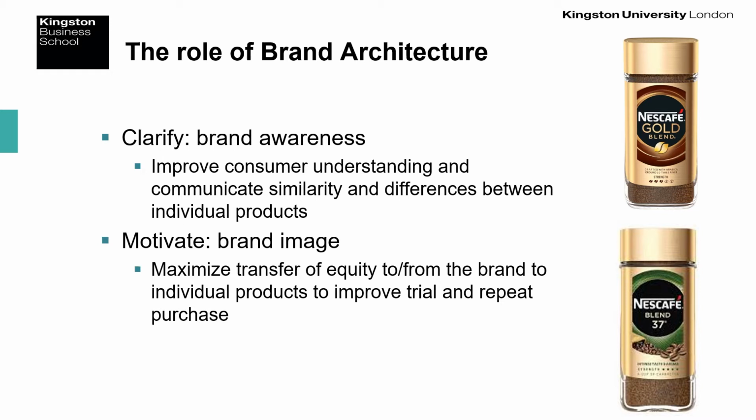So if you are a Gold Blend customer, if you're used to buying Gold Blend and you see Blend 37 and you're looking for a decaf coffee, you might be tempted to try that because the brand elements show that it has many of the characteristics of Gold Blend. It comes from the same stable. You might expect the same good quality, the same good taste, etc. So you're more motivated to try the product.